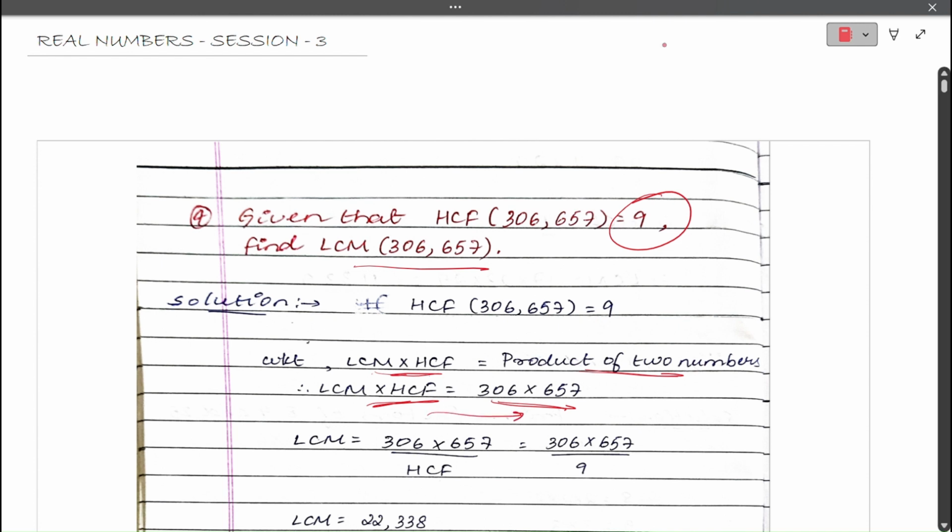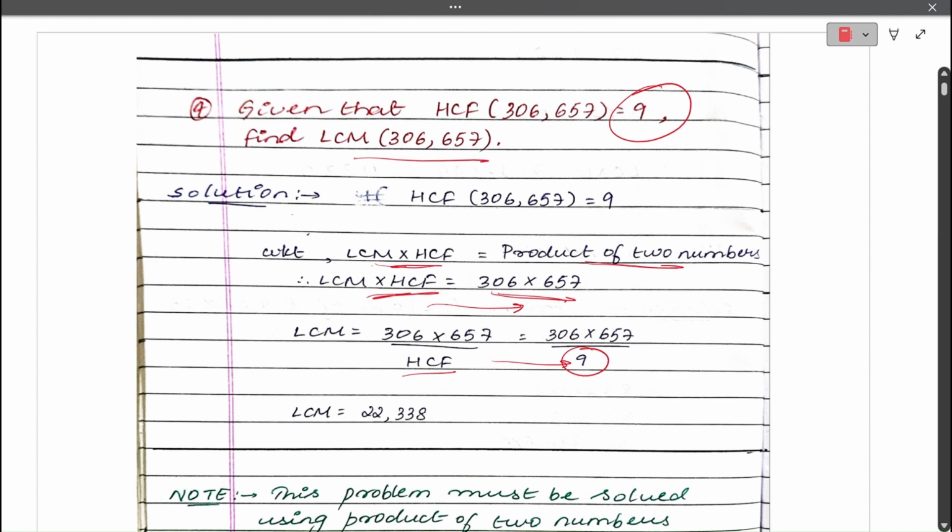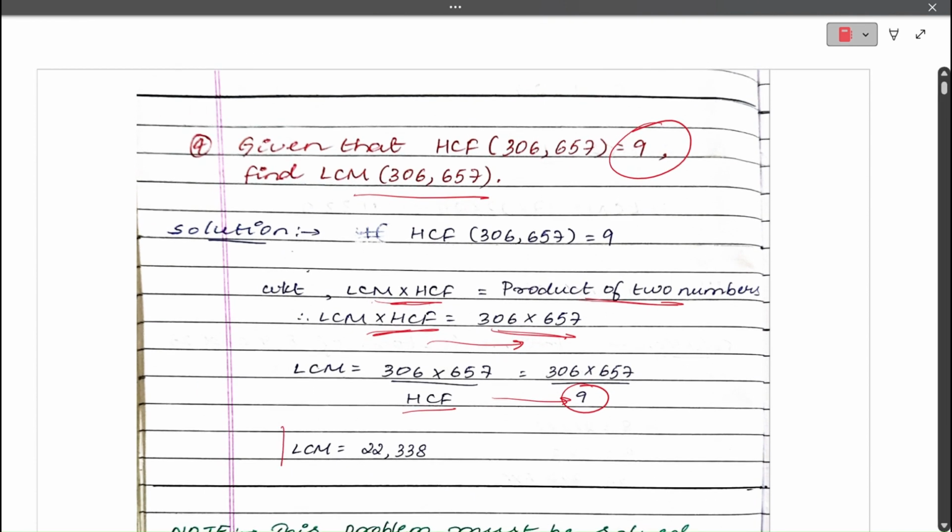So LCM is equal to 306 into 657 divided by the HCF. In place of HCF, substitute the value as 9. Upon further simplification, we get LCM as 22,338. Clear? Any doubts?